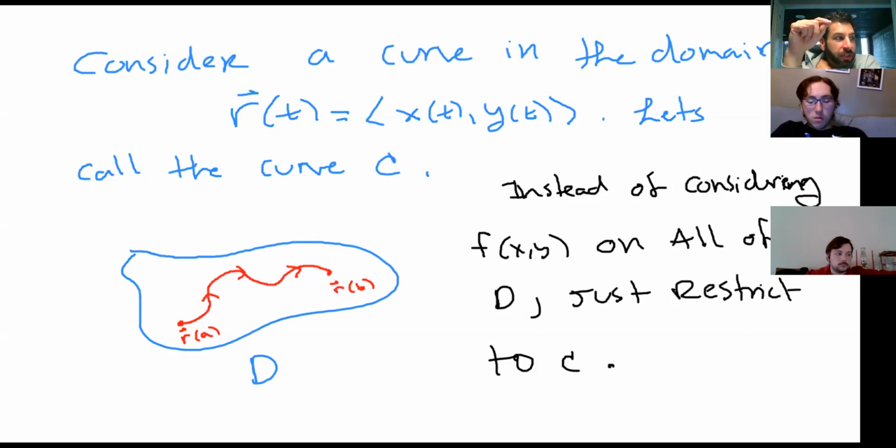So if I restrict my function to just that red curve C, what I'm essentially going to get, if I want to interpret it that way, is a curtain hanging from the surface, just like the curtains hang above your windows or the shower curtain.